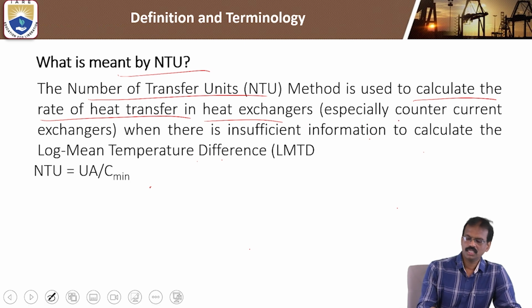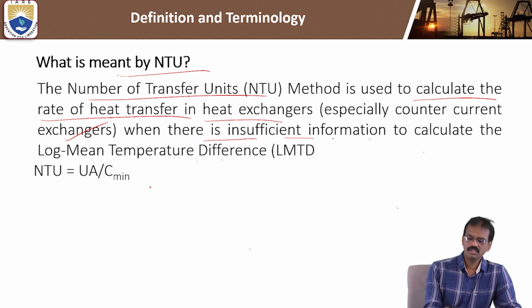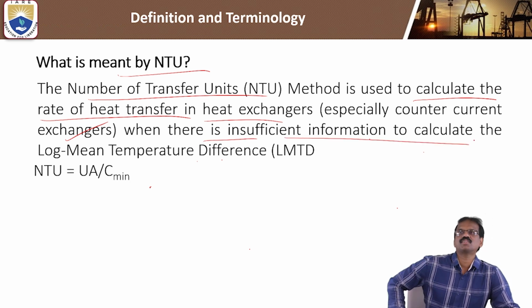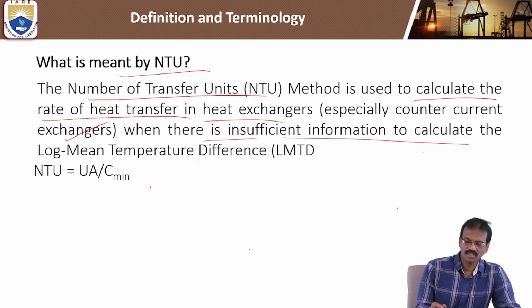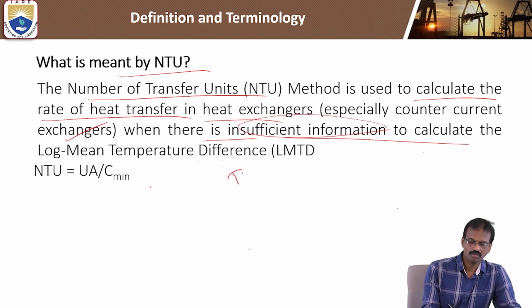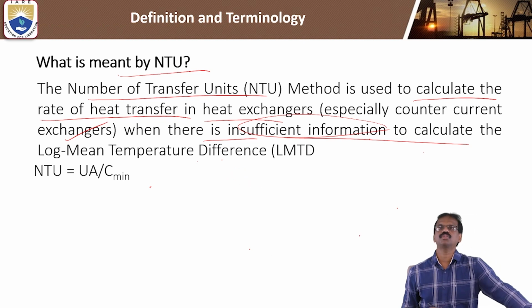So especially for counter current heat exchangers, when there is insufficient information to calculate the logarithmic mean. Insufficient information means we know only inlet temperatures of both the fluids. We don't know the outlet temperatures of both fluids.